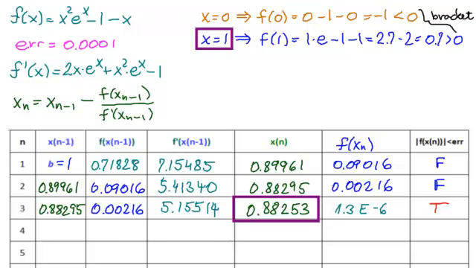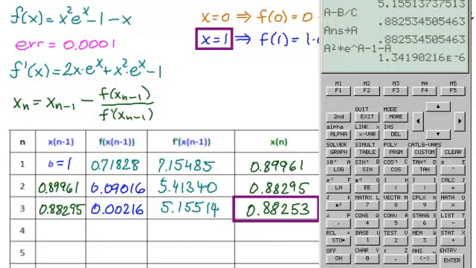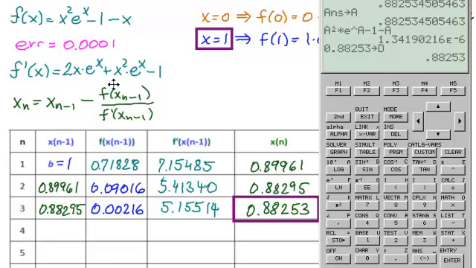this. For safety's sake, we should make sure that these are enough decimals. So we get our calculator out and we'll put in 0.88253. We'll store that to D, and we'll try the function on that.